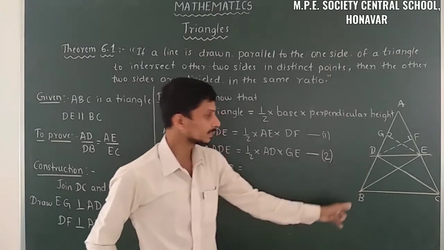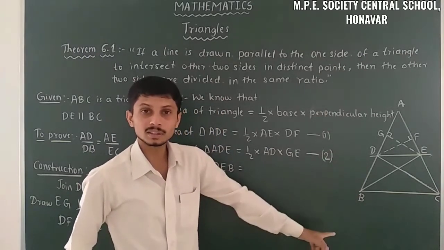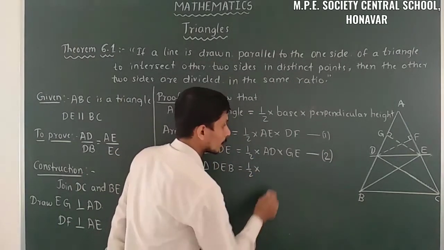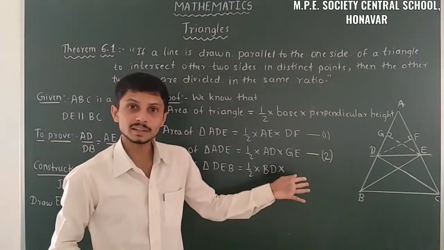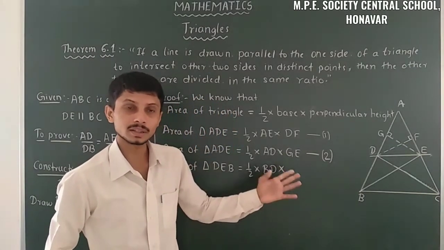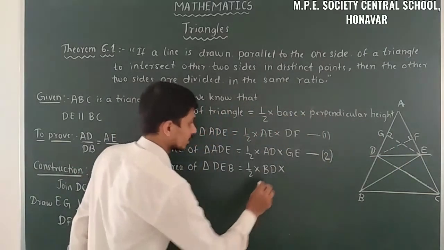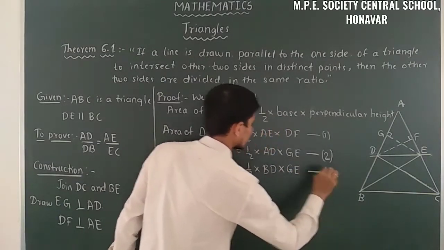because we want this side DB, we have to consider it as a base. That is 1 by 2 into BD into, so what is the perpendicular height here? Already we know the condition: GE is the perpendicular height. That is GE. I will consider it as equation number 3.